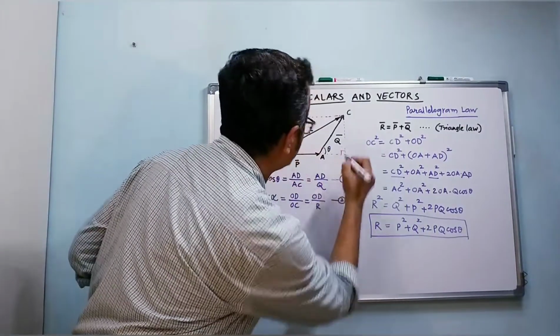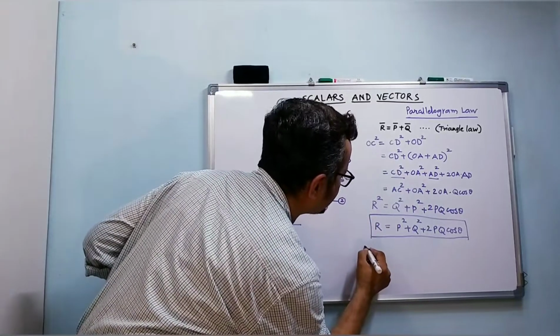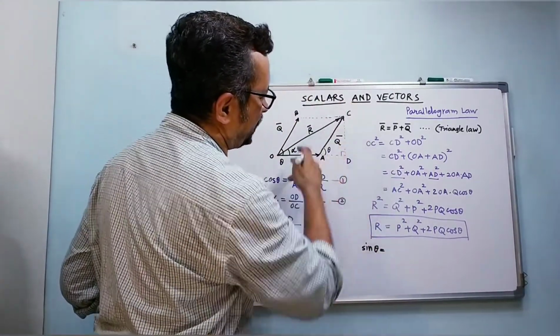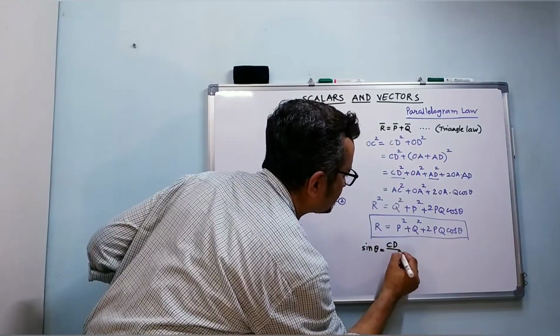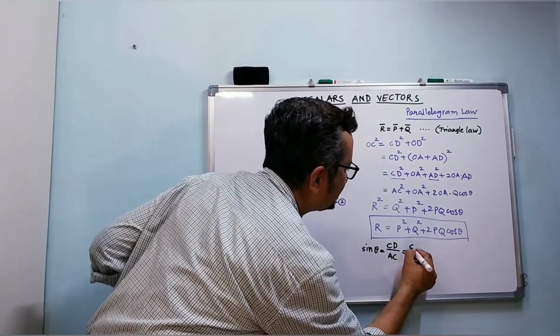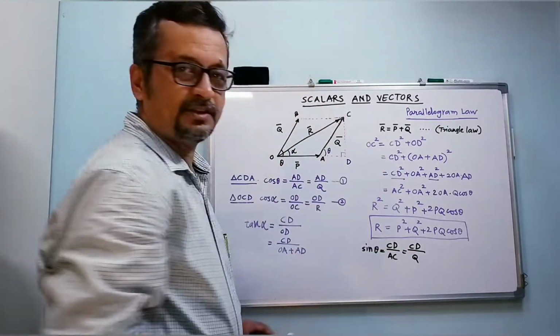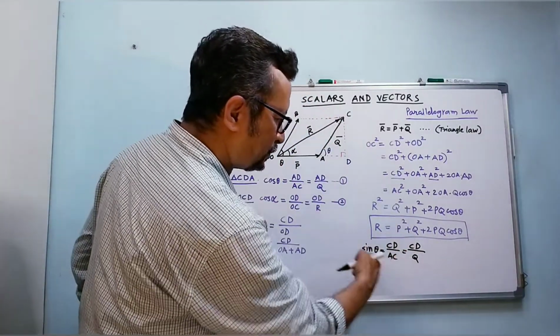I want CD. So sin theta is equal to CD upon AC, that is CD upon Q. So my CD is equal to Q sin theta.